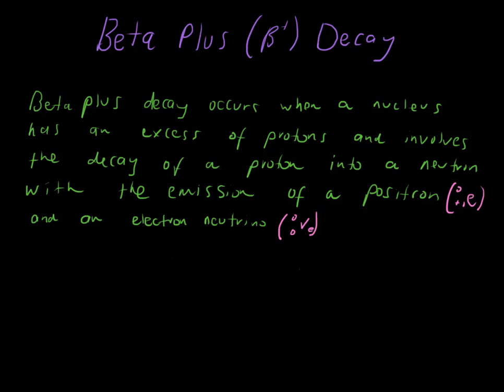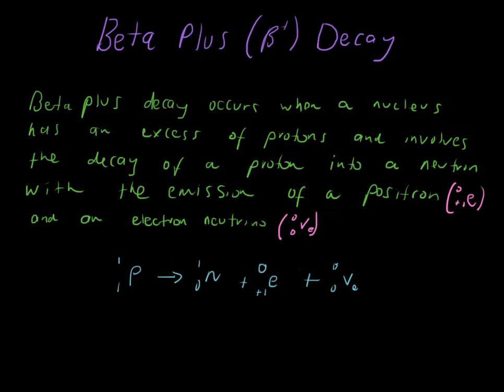Beta Plus Decay occurs when a nucleus has an excess of protons and involves the decay of a proton into a neutron with the emission of a positron and an electron neutrino. If we look at that in equation form, we have one proton decays into a neutron, a positron, which is an electron with a positive charge, and a neutrino.